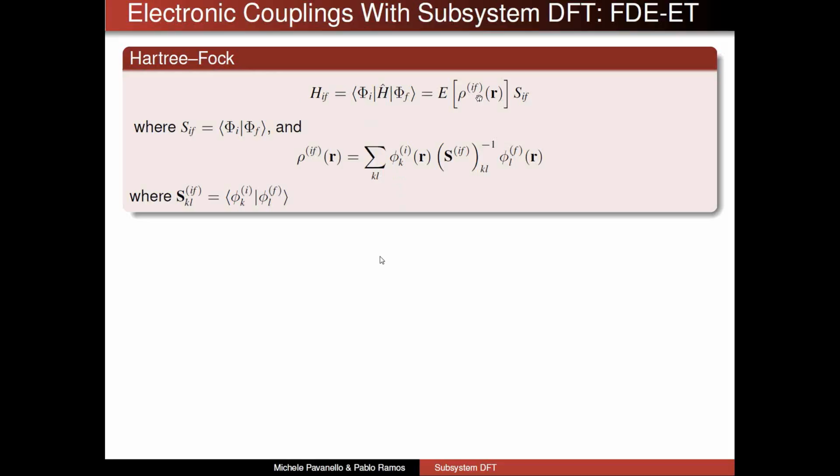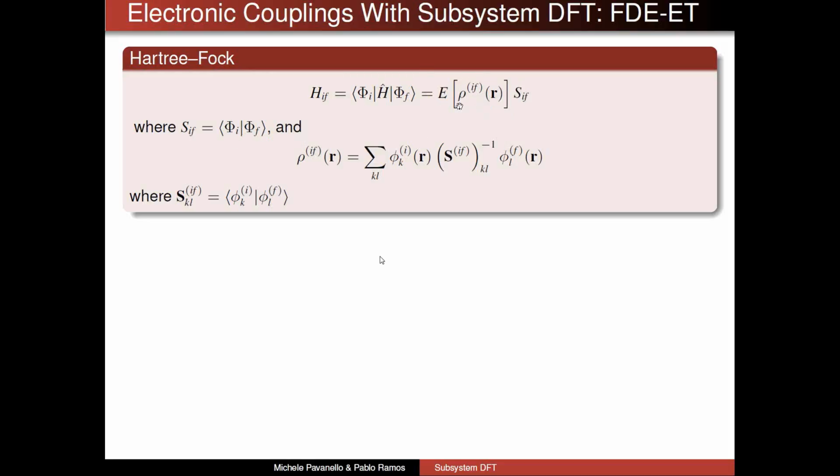Okay, so this is the detail, if you wish, of the coupling. We are after this sort of coupling here. You see capital phi I, Hamiltonian, capital phi F. If you had the real molecular Hamiltonian and Hartree-Fock wave functions here, you would get to this exact relation in which the Hamiltonian coupling would then be the energy calculated with the transition density of the initial and final state multiplied by the full overlap.